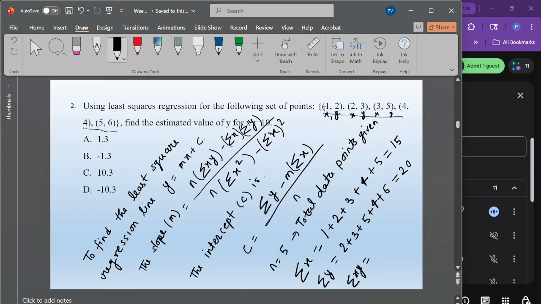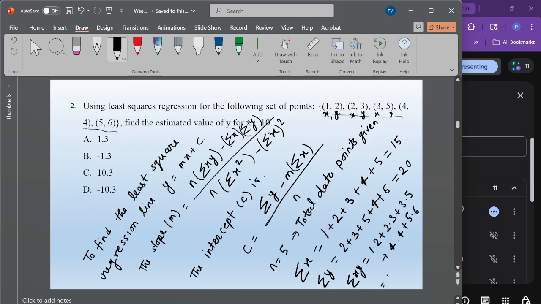So xy is summation of 1 into 2 plus 2 into 3 plus 3 into 5 plus 4 into 4 plus 5 into 6.